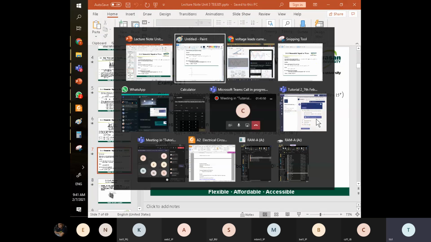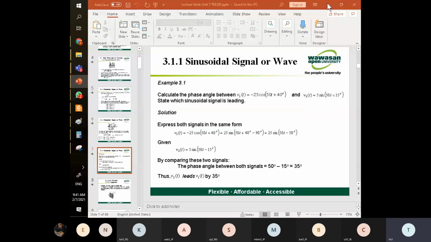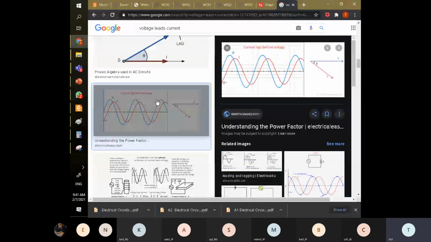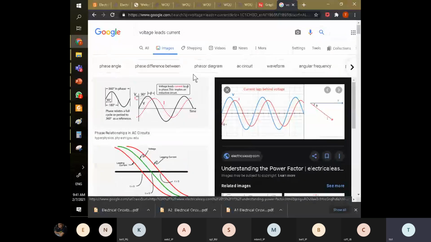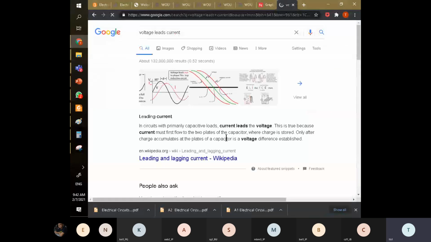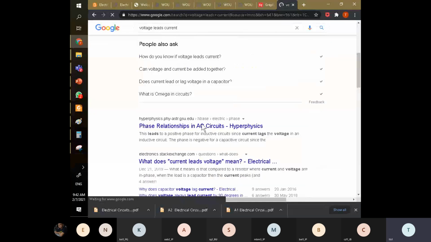But we better refer to the standard here. What do we mean by lead? Lead means on the left hand side, right? If you refer to most of the tutorials online, lead means more towards the left hand side. Okay, you can do some research later on.